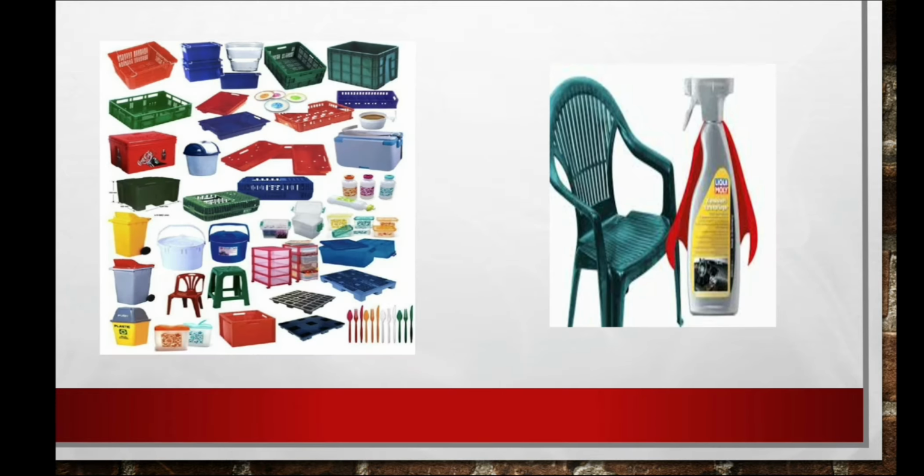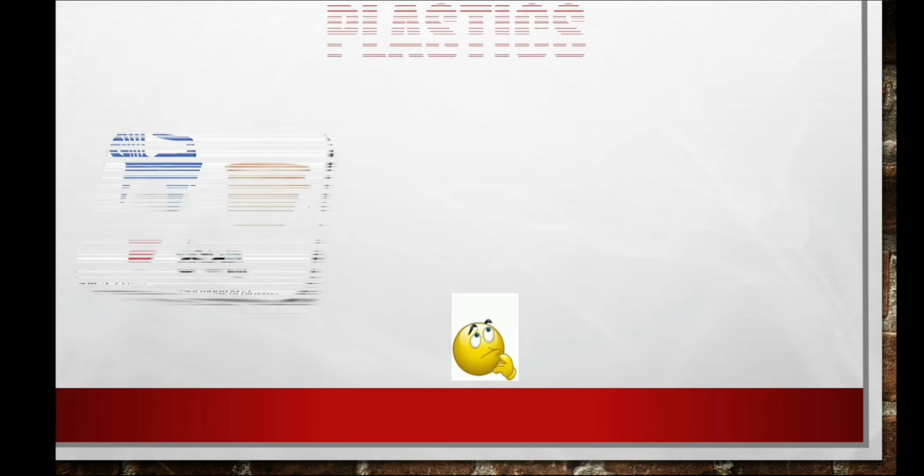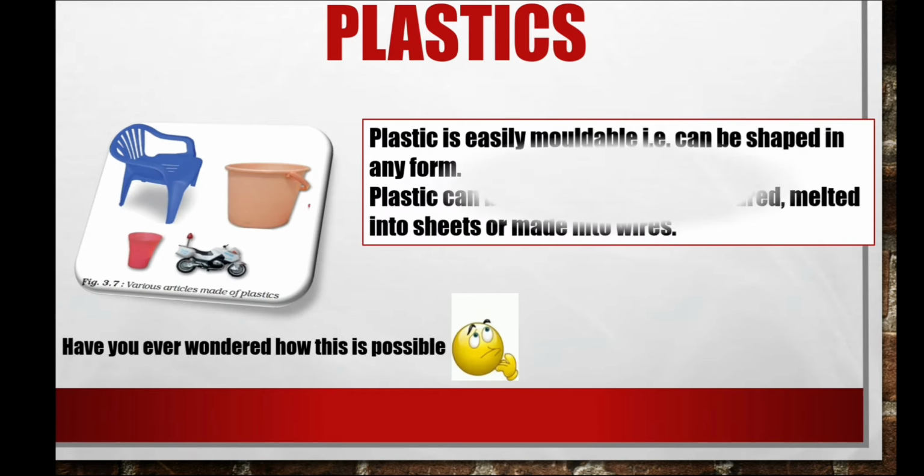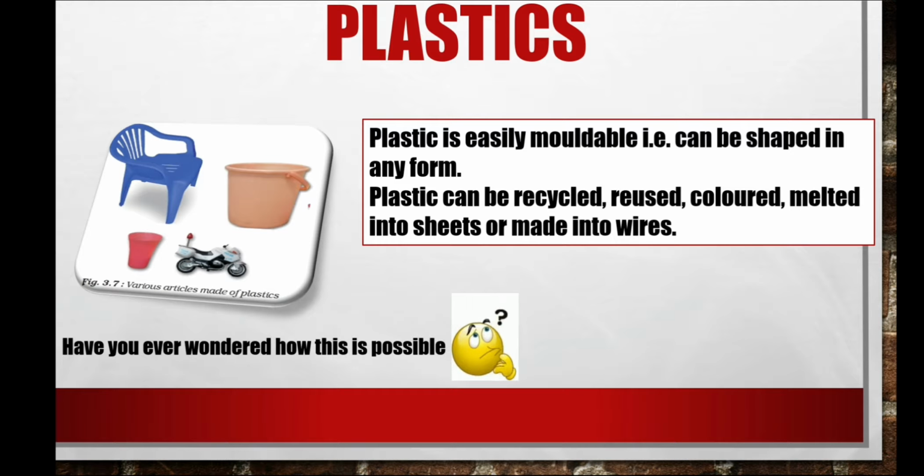Plastic articles are available in all possible shapes and sizes and different colors, as you can see in this picture. Have you ever thought how this is possible? The fact is that plastic is easily moldable, that is, it can be shaped in any form.